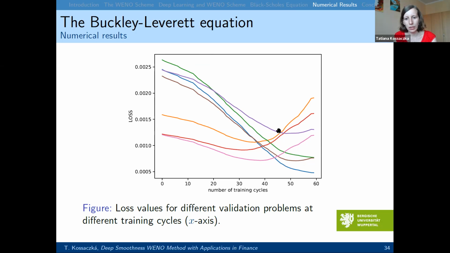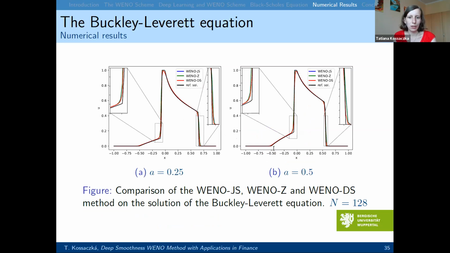So we would stop here somewhere between 40 and 50, and we choose the model from here as the final model, and then we use it for solving of the Buckley-Leverett equation. And here are just some illustrations, and you can see that our method really performs better, especially in these areas of discontinuities.